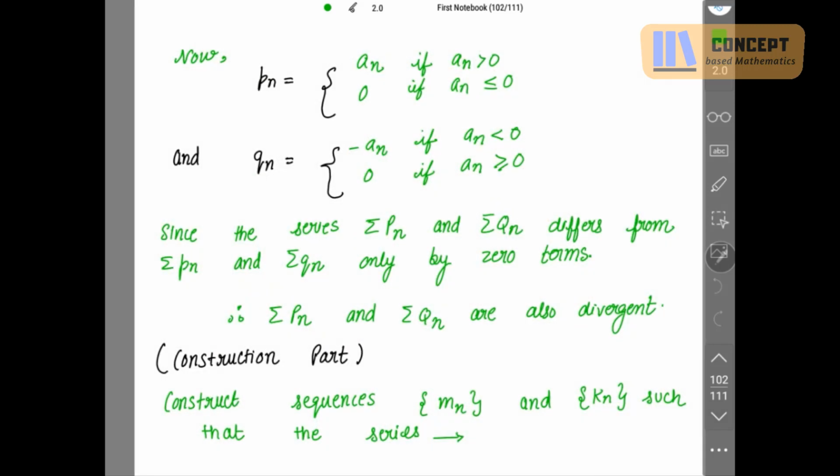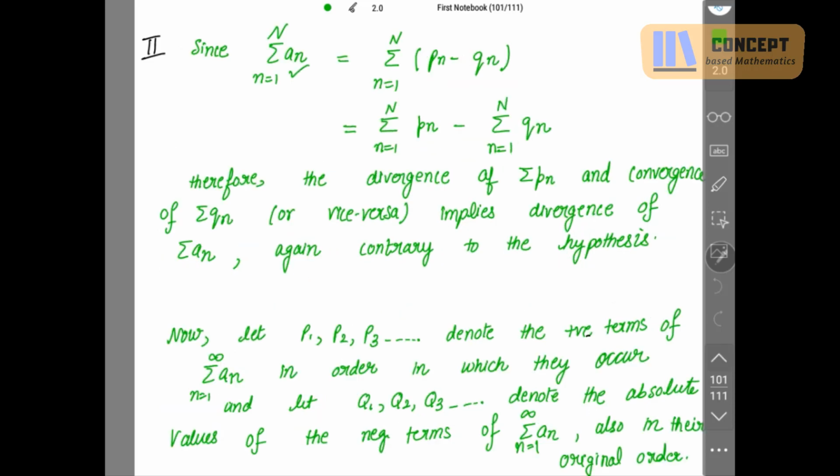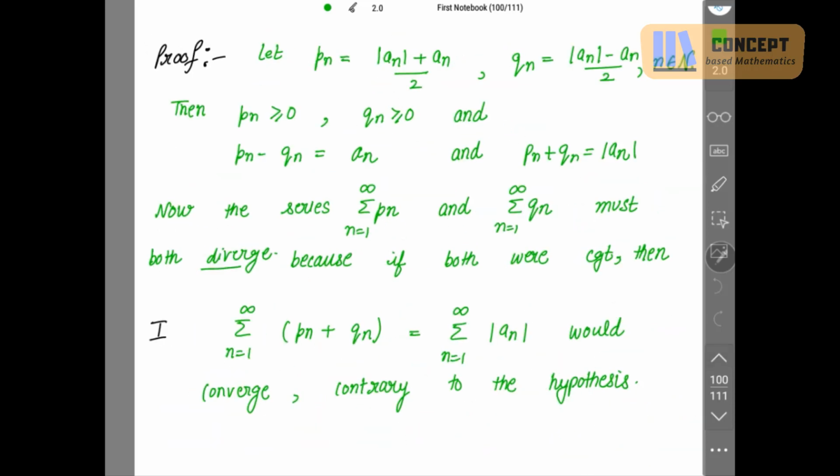And now, again, let's check. Pn will be equal to An when An is strictly greater than 0. How come? Let's check. Pn will be equal to An if An is strictly positive, because if An is strictly greater than 0, this comes out to be An. And if An is negative, the terms cancel each other, so Pn will be 0 for negative values of An.